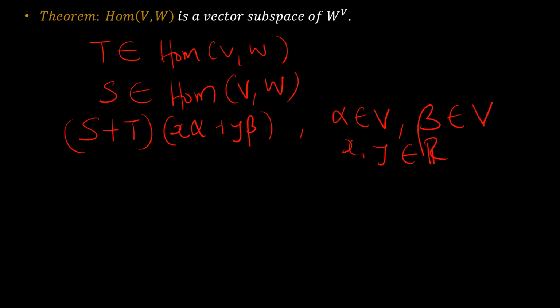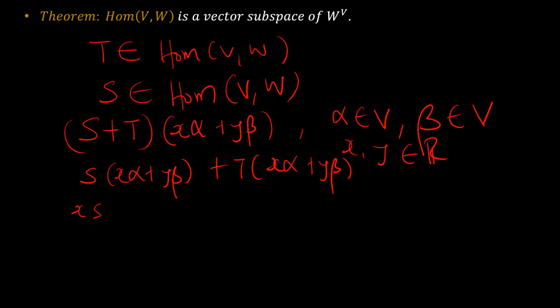Since each individual expression is linear, this can also be looked at as S of x alpha plus y beta plus T of x alpha plus y beta. And again, since S and T are both linear, this is the same as x S alpha plus y S beta plus x T alpha plus y T beta.